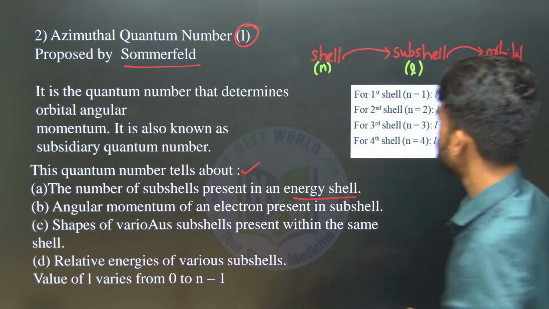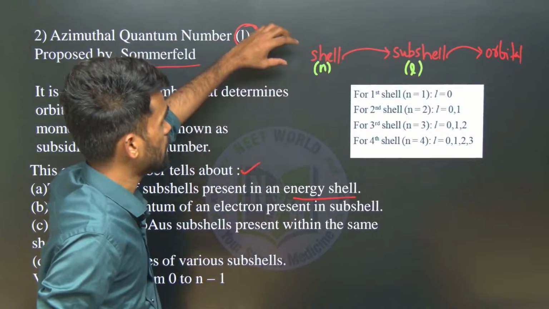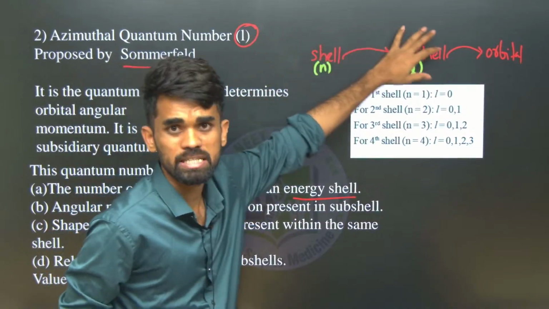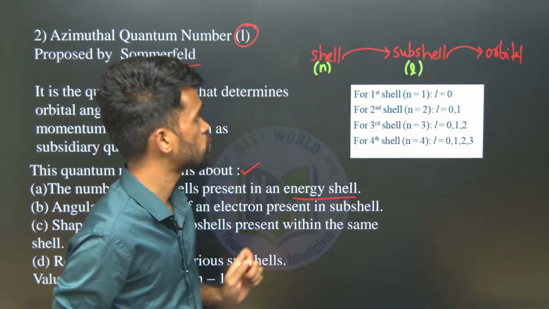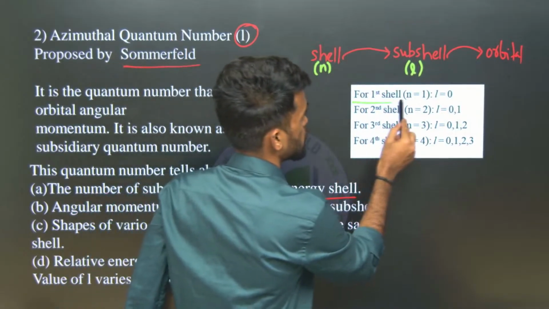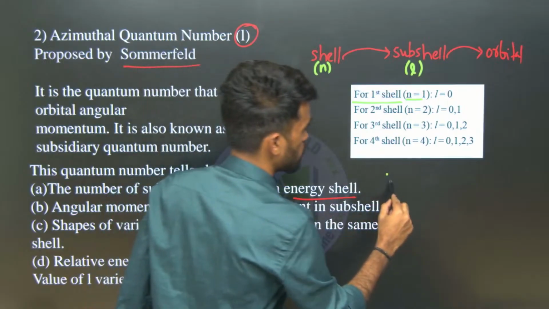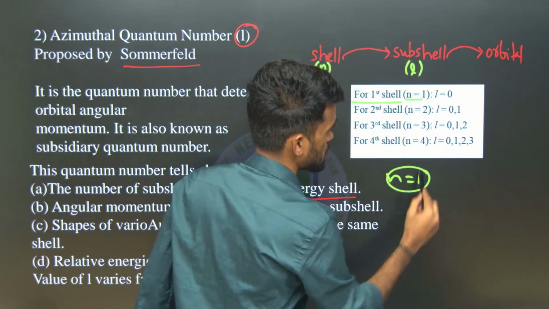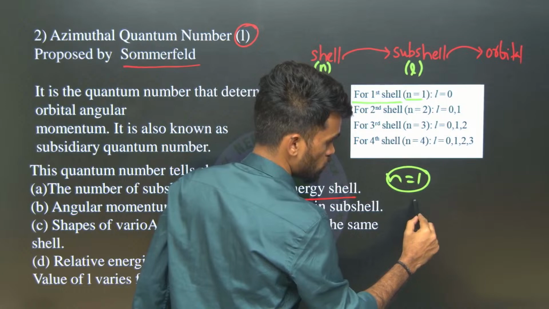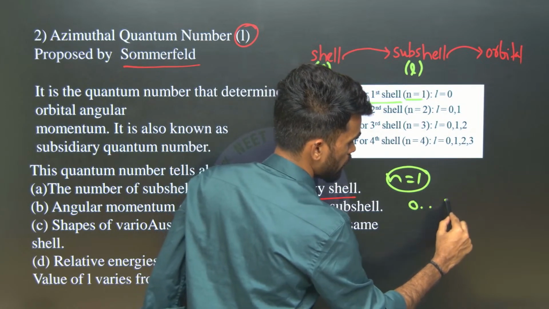Now see here, in a particular shell how many subshells are present, that should also be clear. For the first shell, n is 1. The subshells are counted from 0 to n minus 1.